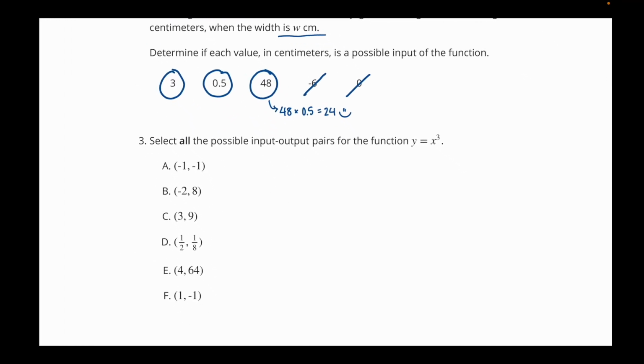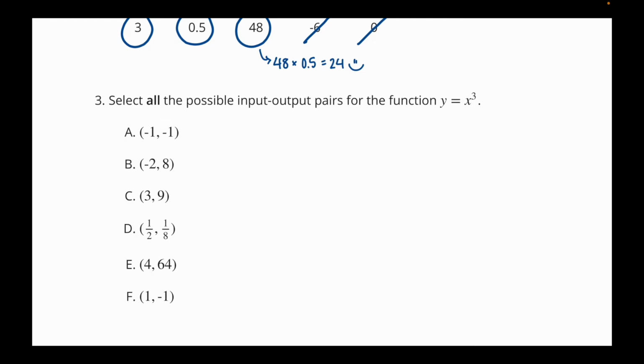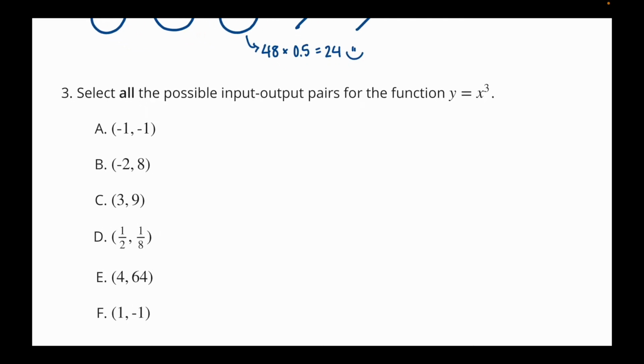Let's look at number 3. We're now going to select all the possible input and output pairs for the function y equals x to the third. So y is my output and x is my input, which means I'm going to take the values on the left and multiply them by themselves 3 times, because that's what x to the third means.